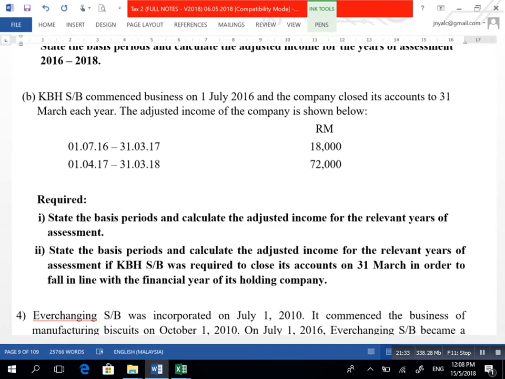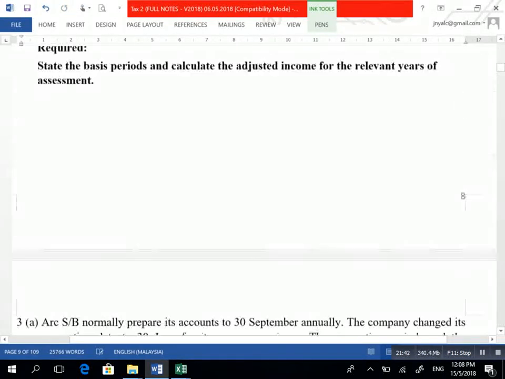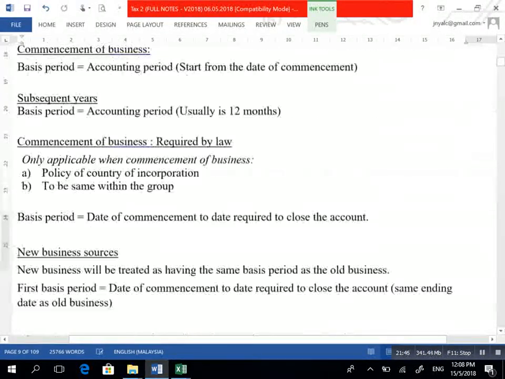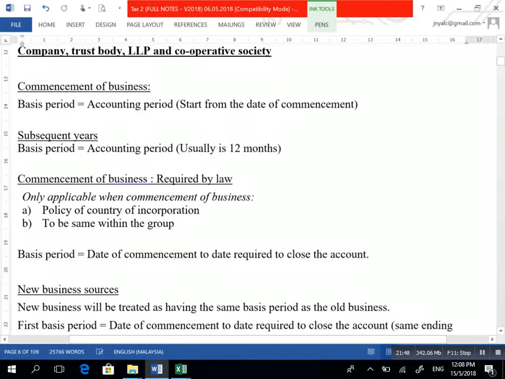So this is still commencement rule, but this is a commencement rule under required by law. So look at your page 6 again. After subsequent year, you will see that: commencement of business that is required by law. Normally this will only apply to two situations.